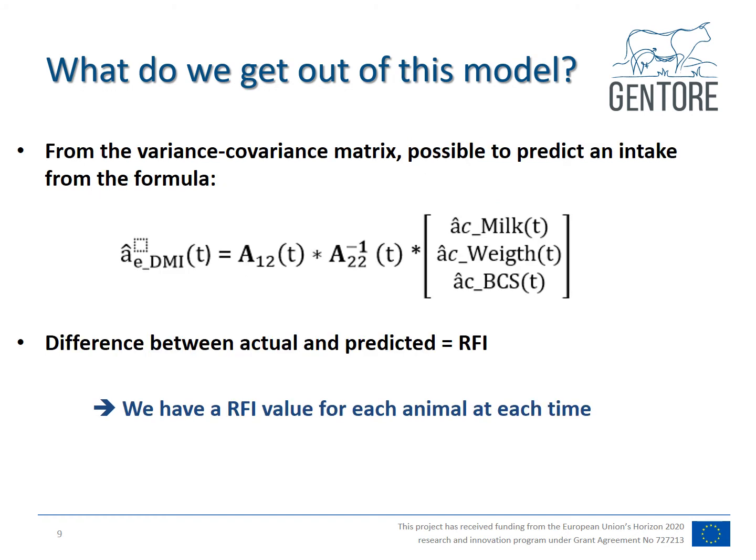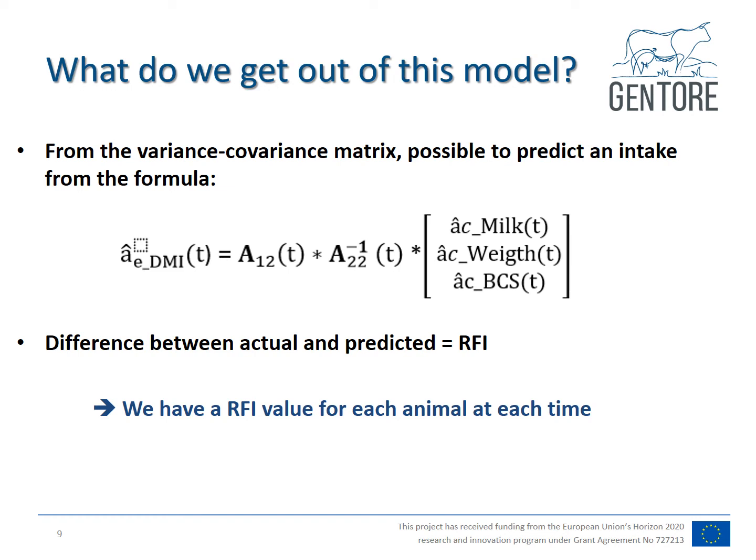And finally, by using both the variance-covariance matrix and the animal effects for each trait, it's possible to predict an animal effect for intake by a regression on the three other traits and variance-covariance relations between traits.